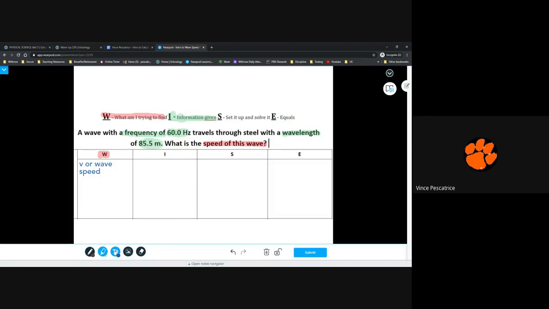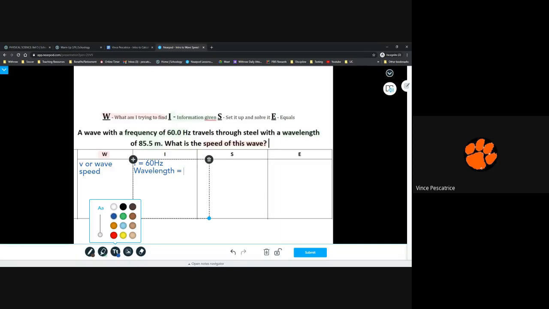So you can type that or write that if you want, whichever is easier for you. So you get frequency equals 60 hertz, and then wavelength. Since there's no lambda key on the keyboard, you can't really do it.